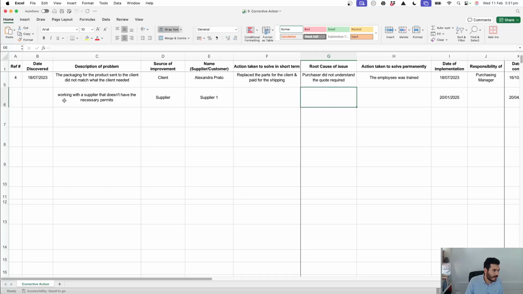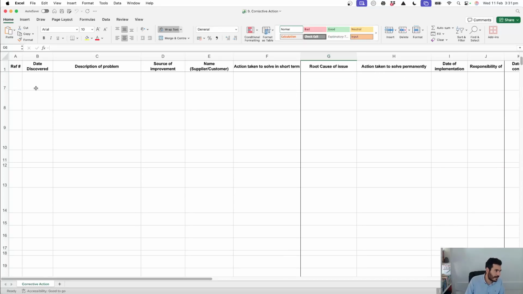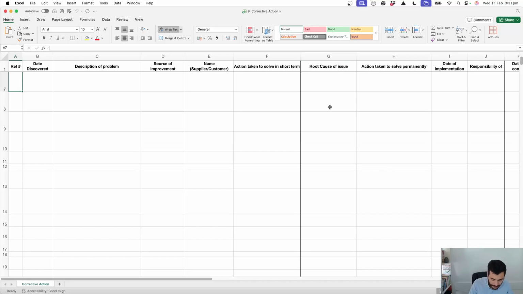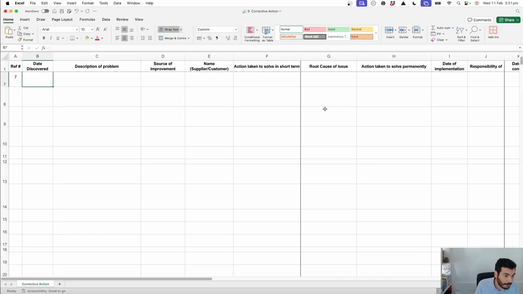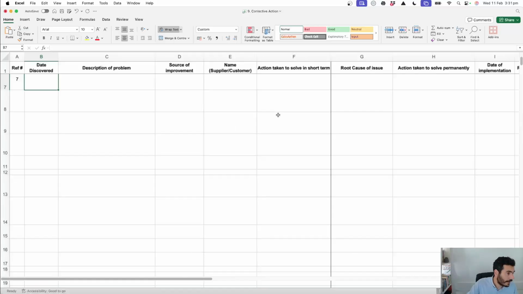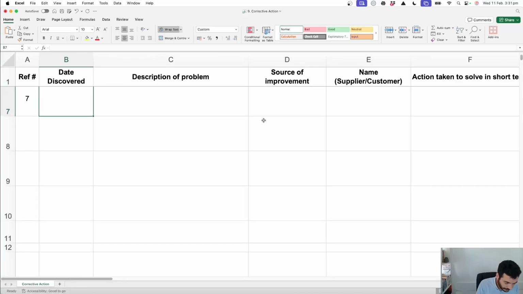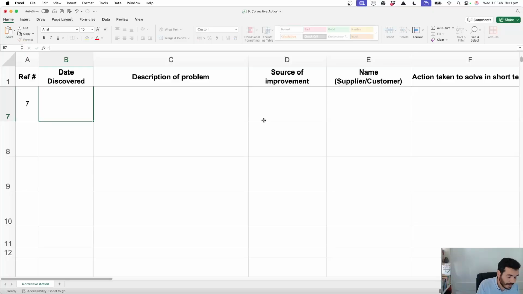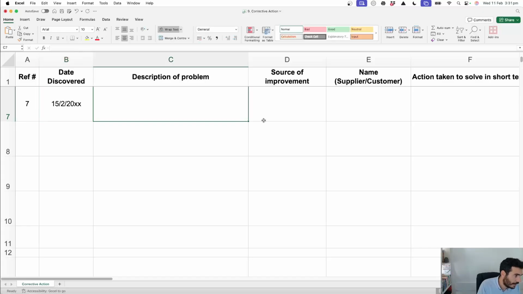Okay, so for the sake of the example, let's take this example of the phishing attempt. So here we're going to put in a unique number. Okay, and then let me just zoom in a bit. The date discovered, we can just say whatever 15 to 20, whatever year you're working in. Description of the problem.